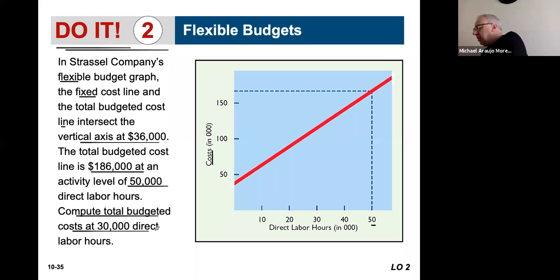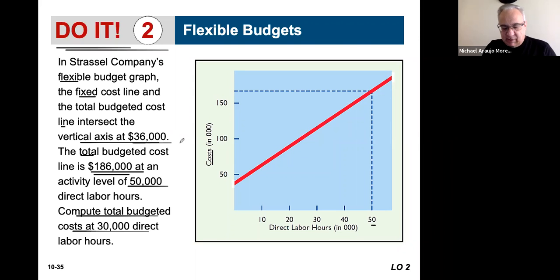Okay. So in this case here, what we've got is 36,000 fixed costs, and the variable costs would be the difference, right? So 186,000 total minus your 36,000 for fixed.